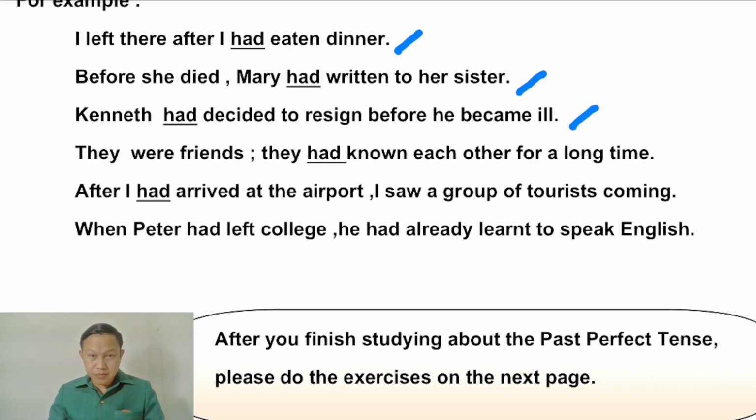They were friends. They had known each other for a long time. After I had arrived at the airport, I saw a group of tourists coming. When Peter had left college, he had already learned to speak English.